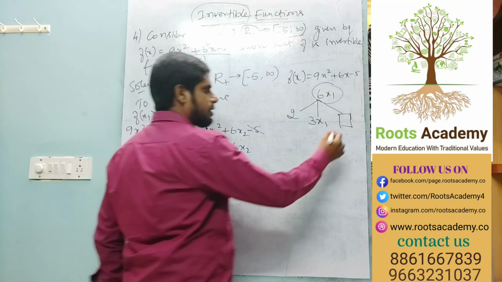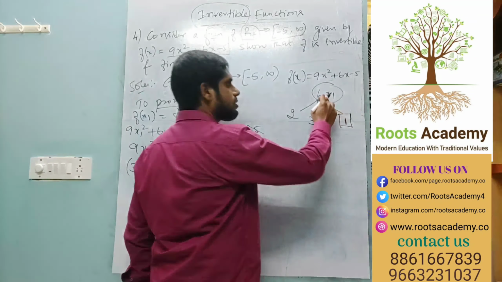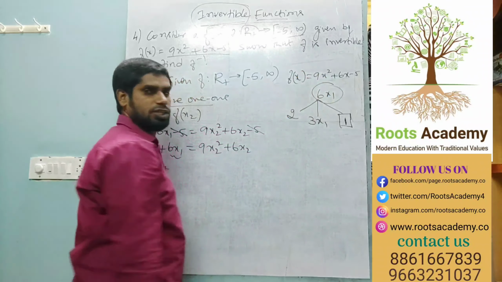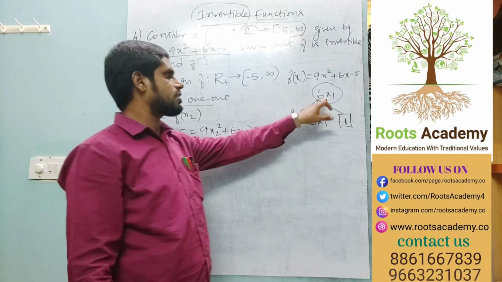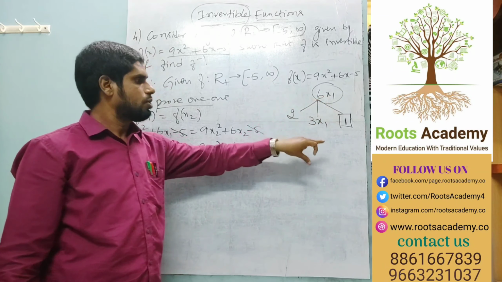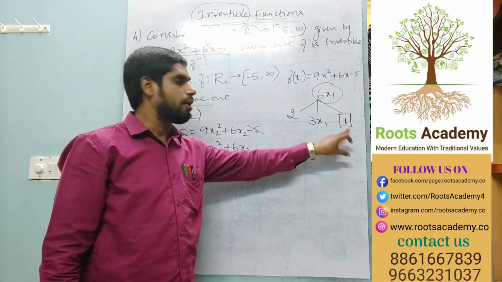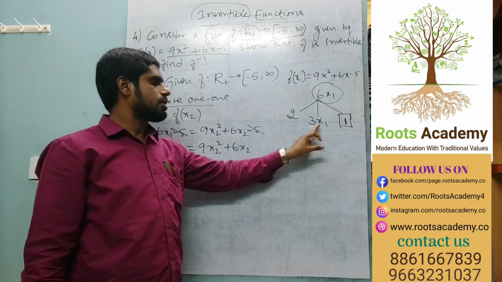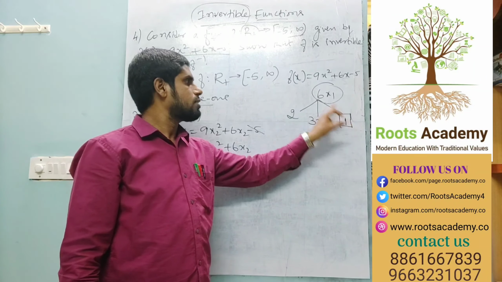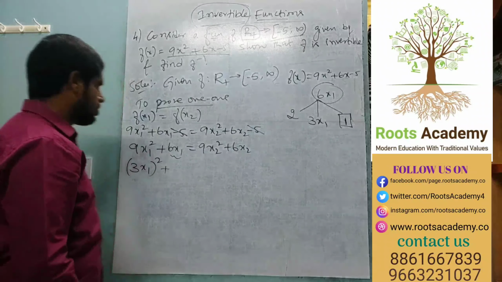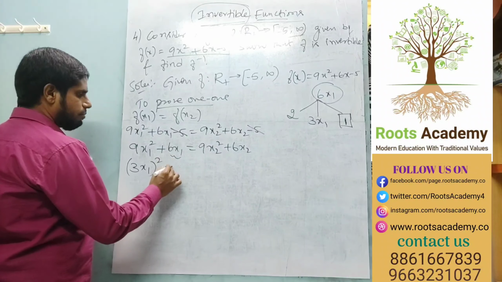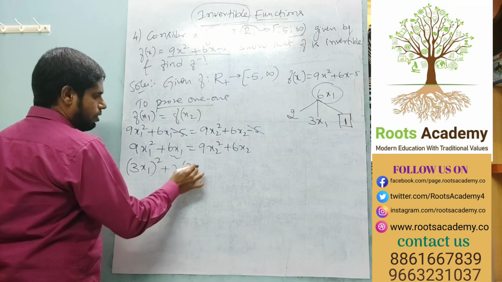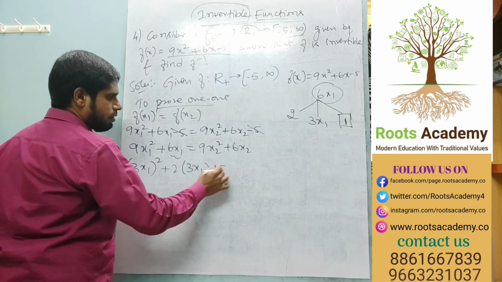Then the third factor must be 1, because the final quantity should not be changed. We should not get less than 6x1 or more than 6x1. So I wrote the third factor as 1. Now check, 2 3s are 6x1, 6x1 into 1 is 6x1. Yes. So 6x1 can be written as 2 into 3x1 into 1.